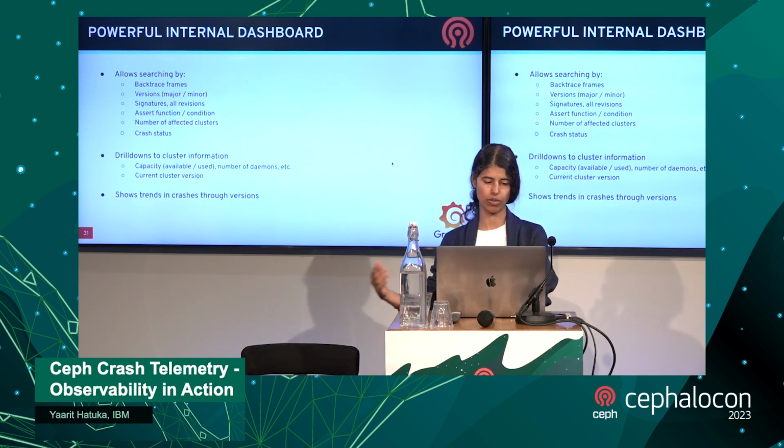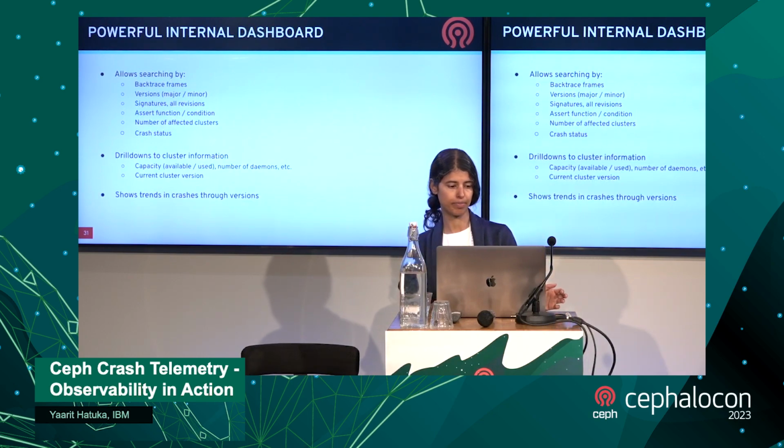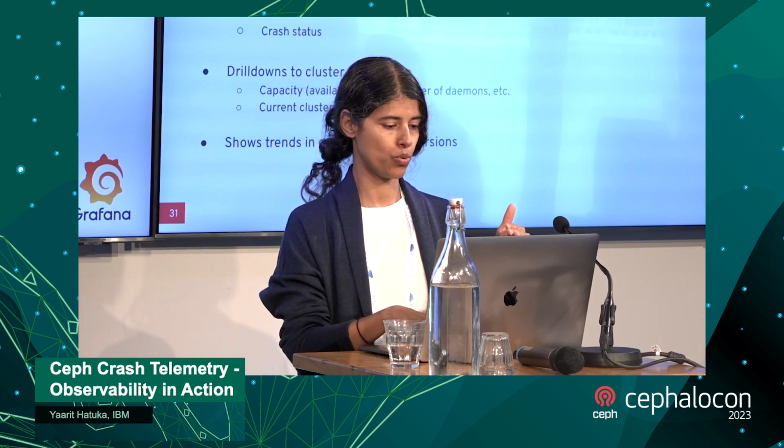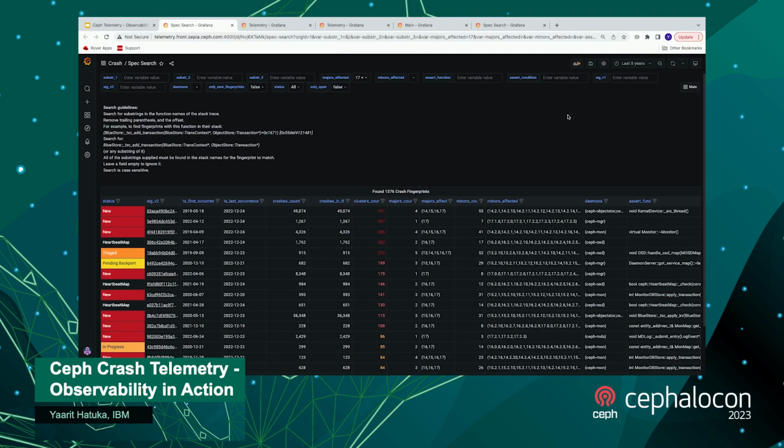And we can also have drill downs to see some in-depth cluster information, and we can see the trends through versions. So we can see daily occurrences and so on. Let's just see that instead.